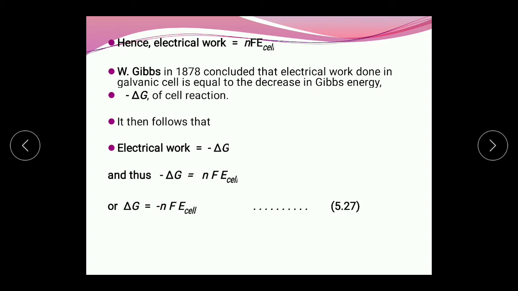Under standard conditions, we change this equation somewhat. Where there is E cell, we write E0 cell, and instead of delta G, we write delta G0. And the same equation 5.27 becomes delta G0 equal to minus n into F into E0 cell. This is equation 5.28.